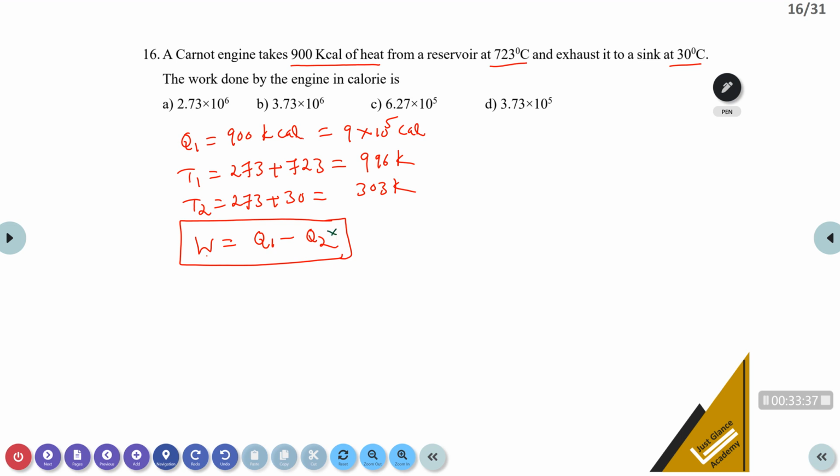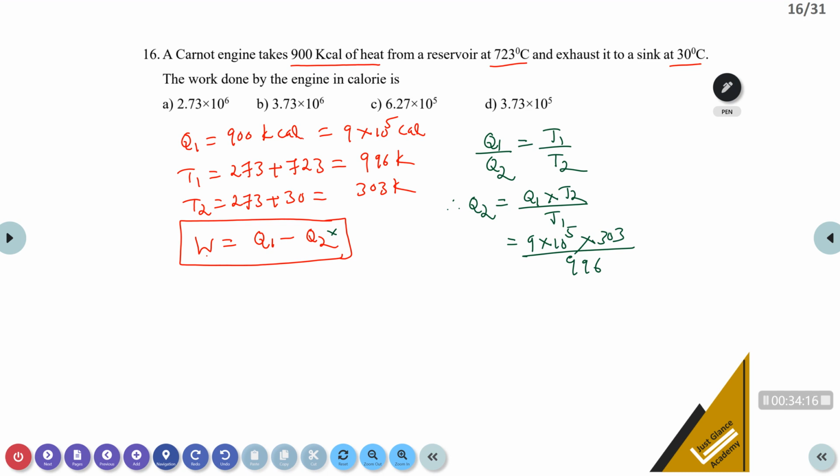Bring the relation between Q1, Q2, T1 and T2. That relation we know: Q1 divided by Q2 equals T1 divided by T2. Therefore, Q2 equals Q1 into T2 divided by T1. Substitute. What is Q1? Q1 is 9 into 10 to the power of 5. T2 is how much? 303. And T1 is how much?